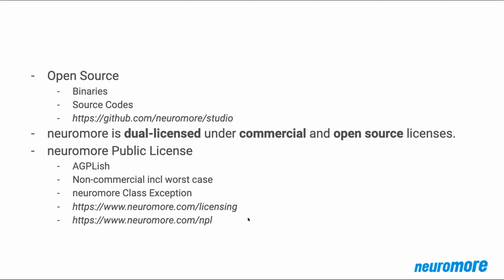We already briefly talked about nodes and adding your own devices. What we did is commonly known in the GPL world as a classpath exception, for instance. We created a neuromore class exception, and that allows you to implement your own nodes.